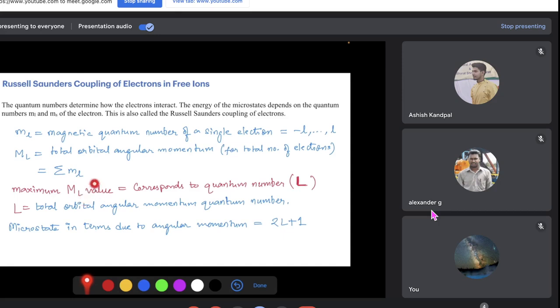The maximum value of capital ML corresponds to the quantum number that we call capital L, the total orbital angular momentum quantum number. We can define the number of microstates due to this angular momentum as 2L plus 1.